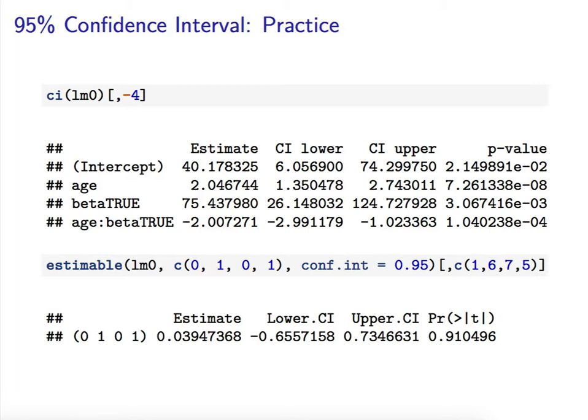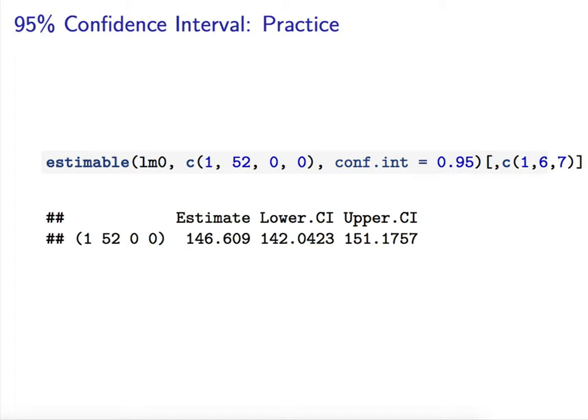So another nice use of the estimable function is to calculate confidence intervals for predicted estimates. For example, what is the average blood pressure among untreated 52-year-old individuals? Again, we can put our data into estimable. We have our linear model.